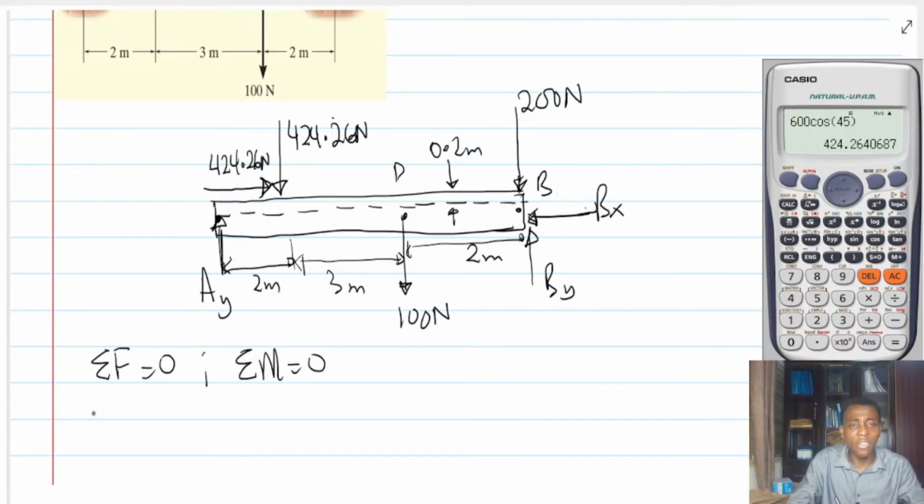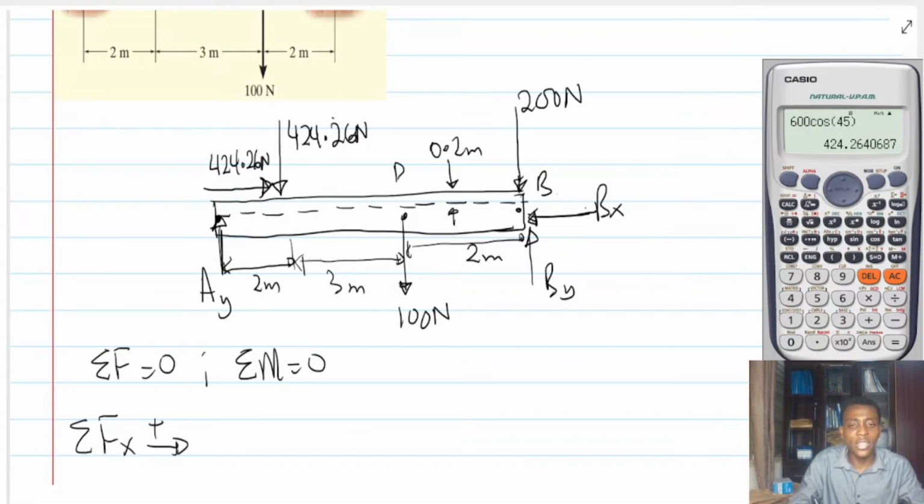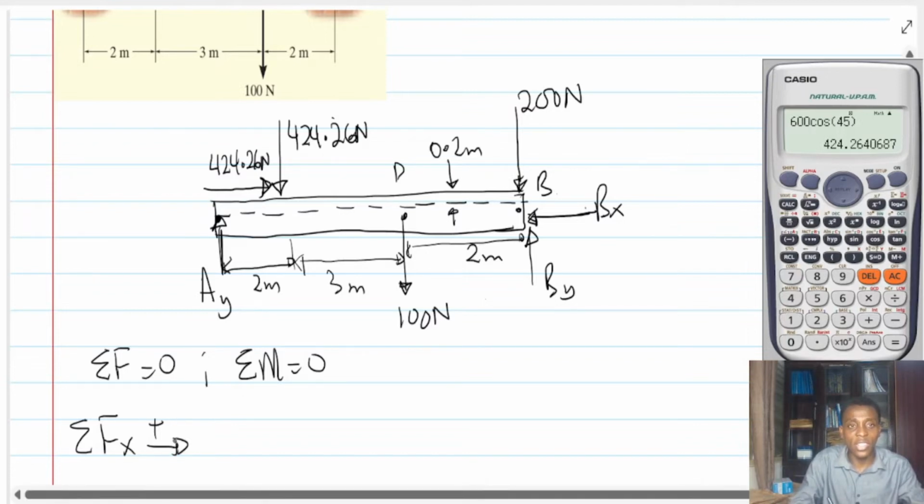Now, with the summation of forces, I want to start with the summation of force along the x direction. So we're going to sum forces in the x direction. Every force in this direction is going to be positive, and the sum is zero. So let's look at all the forces along the x. I have Bx.